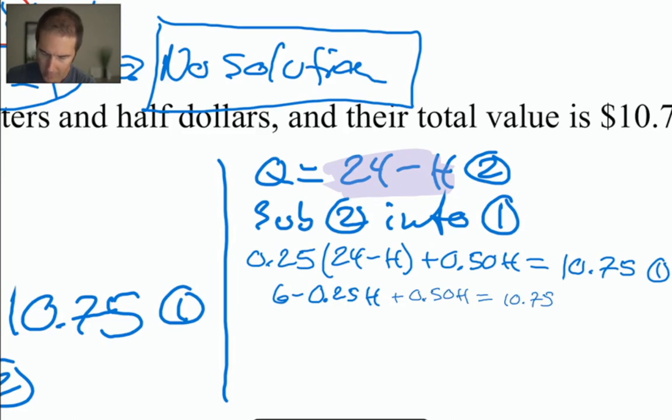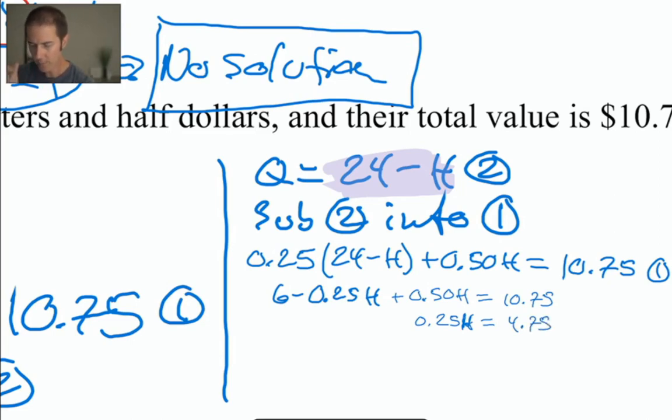And then let's combine like terms. Negative 0.25H plus positive 0.5H equals positive 0.25H. And I'm going to subtract 6 from both sides because I'm a little short on space. And that equals 4.75 on the right-hand side.